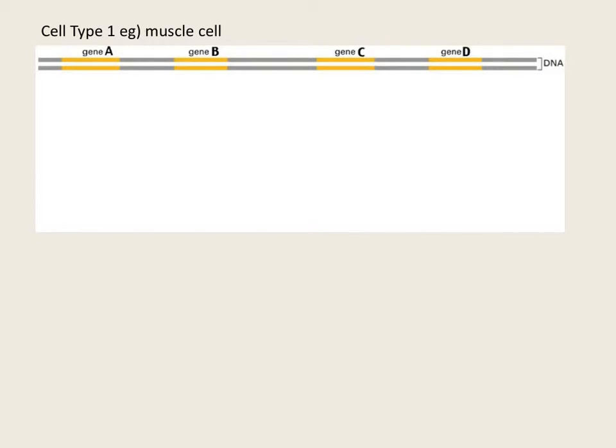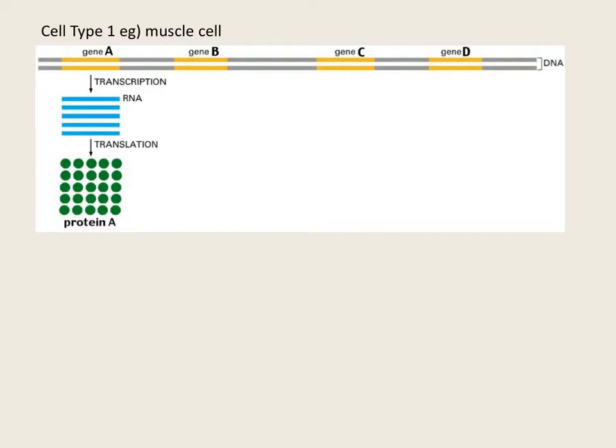Okay. Cell type, we'll say muscle cell. Transcription of RNA, translation into protein A. We've got gene A, it's being expressed.